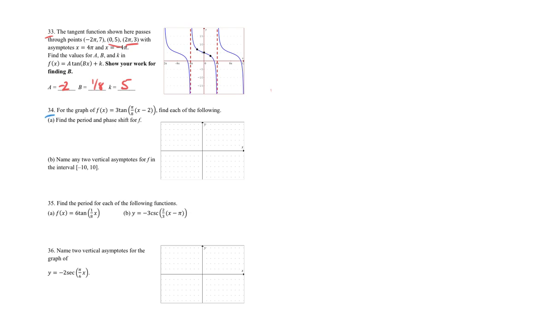For the graph f of x is equal to 3 tan of pi over 8 times quantity x minus 2, close parentheses, find the period and phase shift for f. So that period will be pi over this pi over 8, so it should equal 8 for our period.